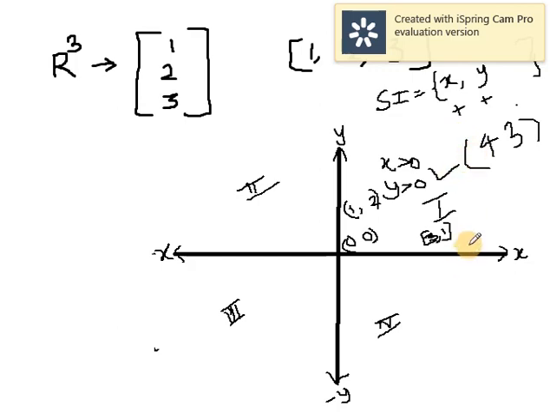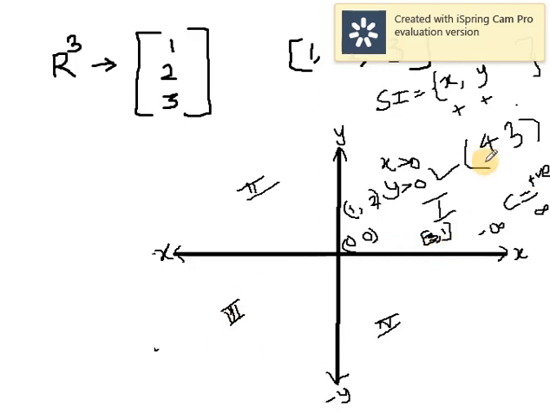Then let's see the second property. In the second property, we have to pick one point and multiply it by a constant c, and this c can be anything from minus infinity to plus infinity. No problem if c is positive; then the multiplicative property is satisfied.